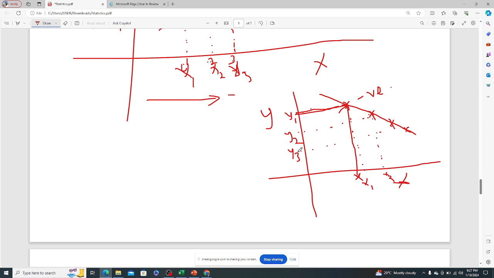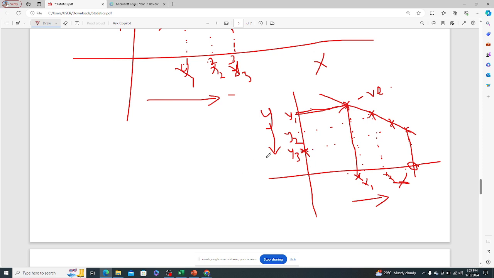At the highest value of x, we have a corresponding low value of y.